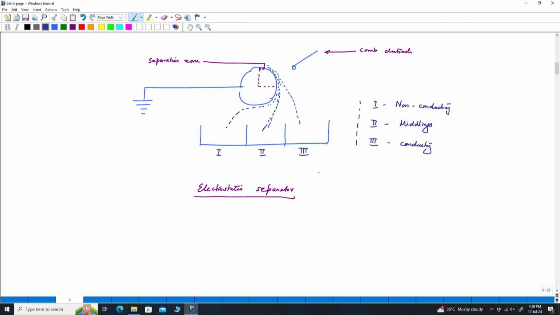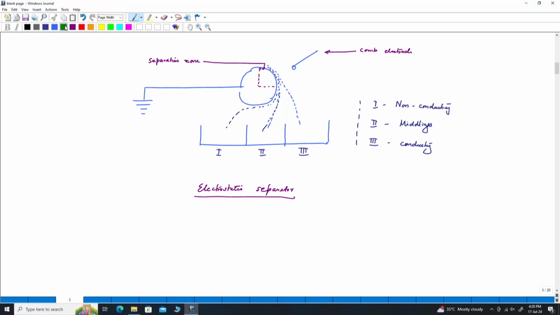So it gets ejected very easily because of the effect of the comb electrode. The comb electrode provides the charge and it gets ejected very easily. The other materials that do not feel the effect of the comb electrode still get stuck, and we also need a scrubber at the end so that it gets ejected.